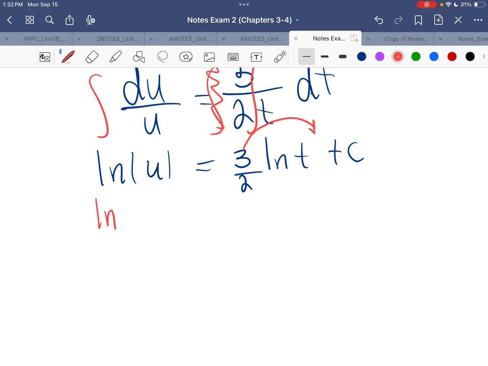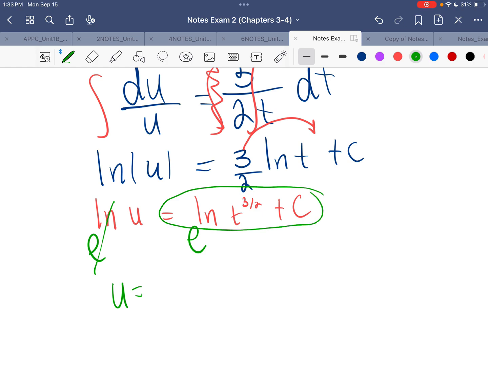So I have ln u is equal to ln t to the 3 over 2. So then when I exponentiate both sides with e, this is now the exponent for e. So I have e to the ln t to the 3 over 2 times, because I'm adding the exponents, e to the c. We're going to make this e to the c just be a constant.